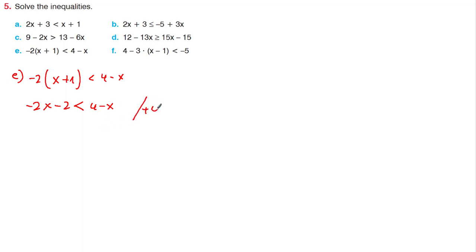We can add 2x to both sides, and we get negative 2 is less than 4 plus x, since negative x plus 2x is just x. Then subtract 4, we get 4 minus 2, 2 is less than or equal to x, which in a more convenient way would be written something like this.